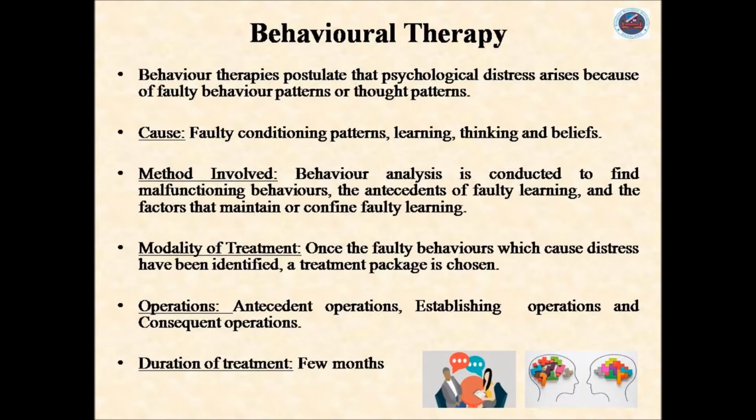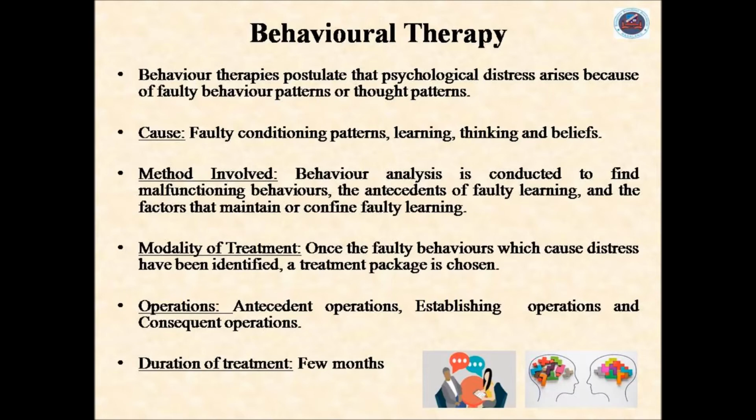The first one is the antecedent operations, the second one is the establishing operations, and the third one is the consequent operations. Antecedent operations control behavior by changing something that causes distress. Establishing operation refers to the change which can be achieved by increasing or decreasing the reinforcing value of a particular consequence.